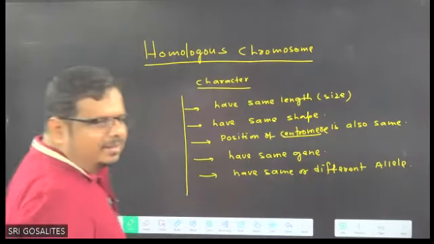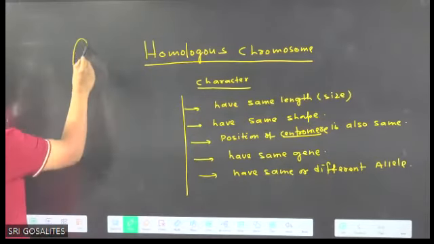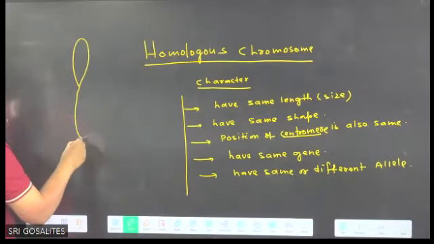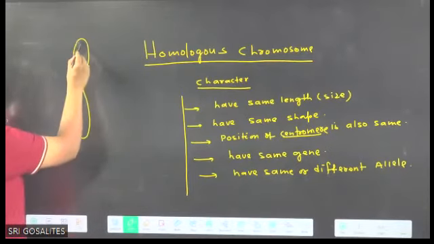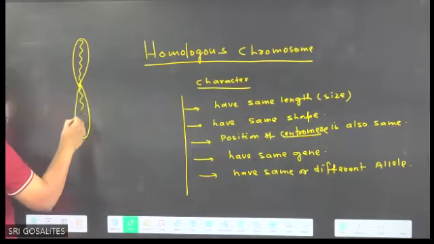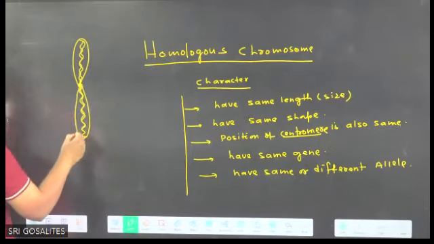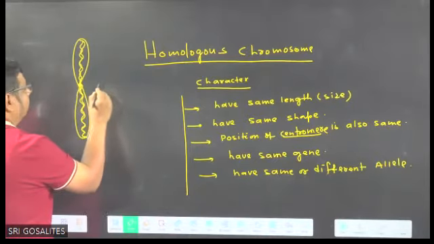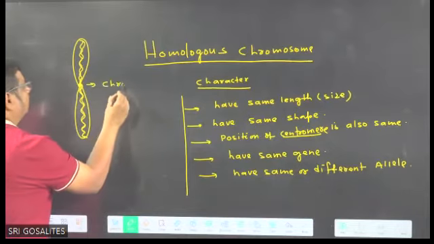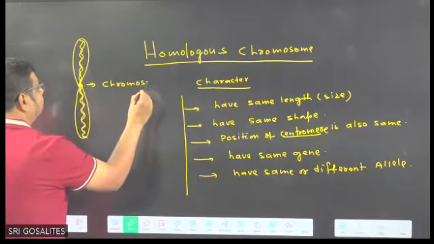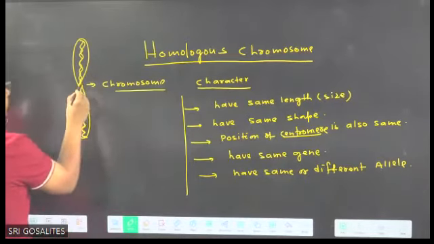You have seen the structure of chromosome, right? If you look at the real structure of a chromosome, it looks like, actually you have studied in your book, like this. This is what basically? Chromosome. And here this point is called which one? Centromere.